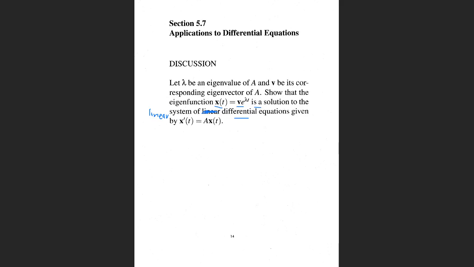So again, we want to show that this eigenfunction, when you take the eigenvector and multiply it by e to the lambda t, the scalar function of t, is a solution to the linear system of differential equations.